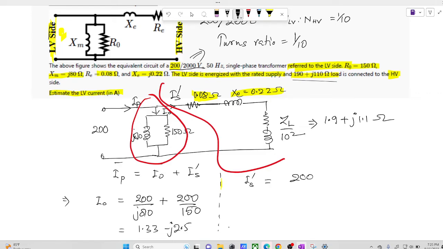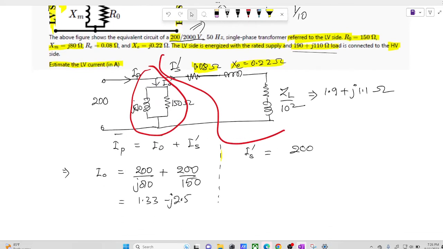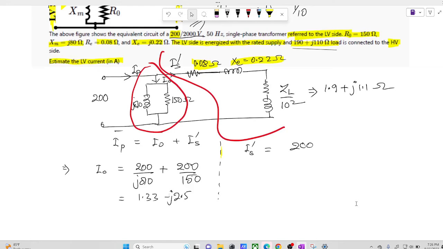Please tell it in polar form instead of rectangular coordinates. Okay, we'll convert later on. 2.83 angle minus 62 degrees. 2.83 angle minus 62.